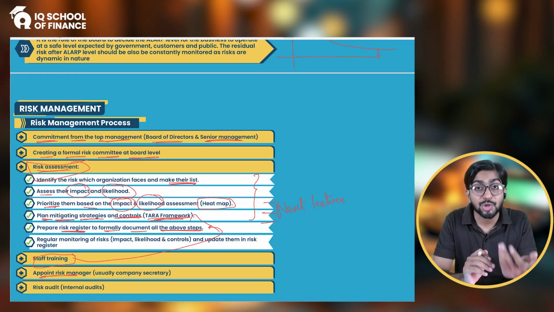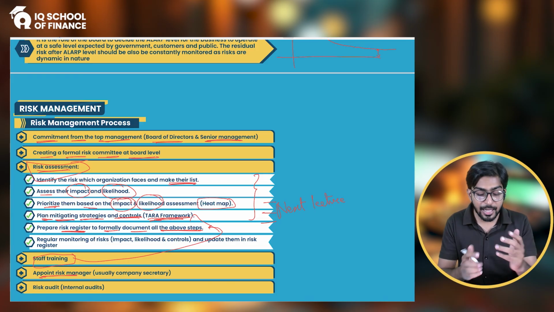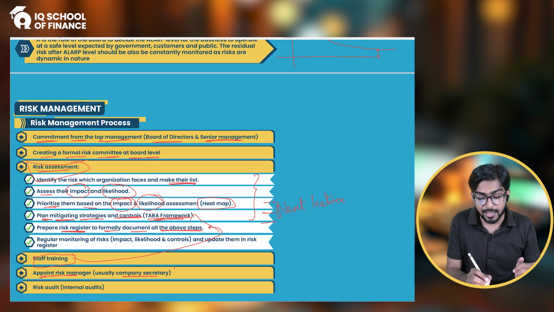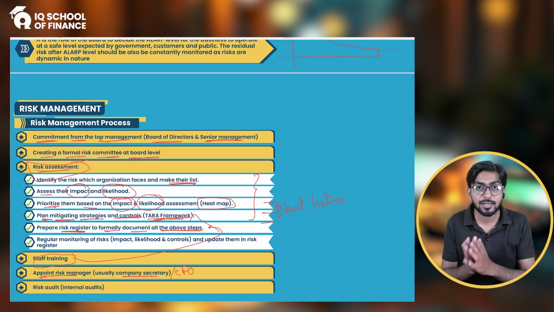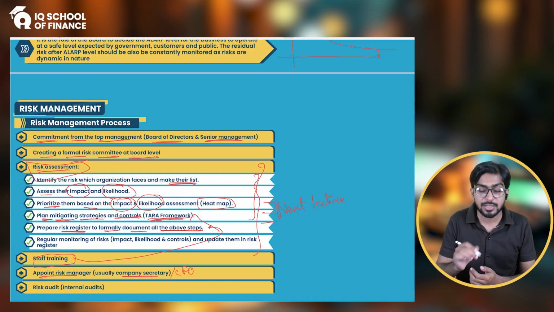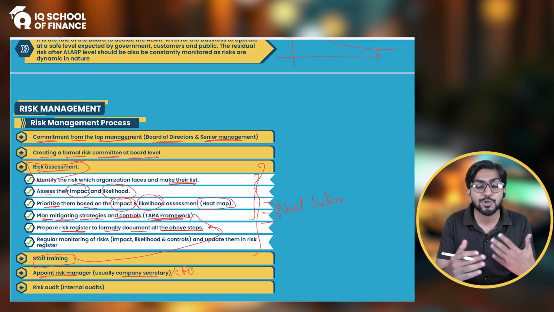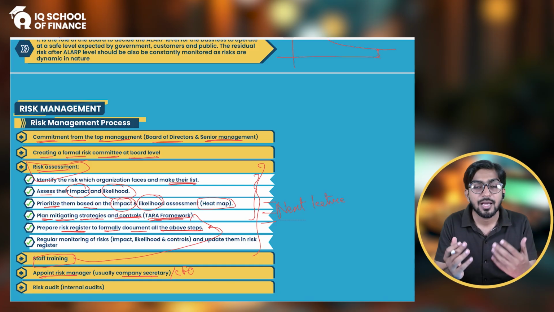And if someone is not complying with it, that risk manager is going to punish them, right? And you know what? It is usually the company secretary or the CFO of the company. So the CFO and the company secretary are given the responsibility of the risk manager, and the risk manager ensures that all of these things are complied with or acted upon properly.